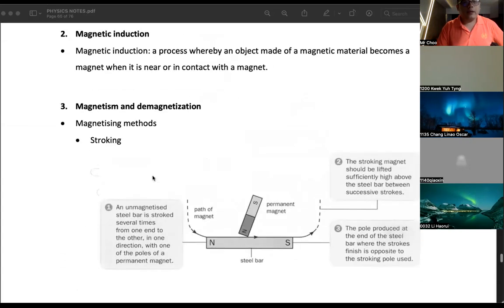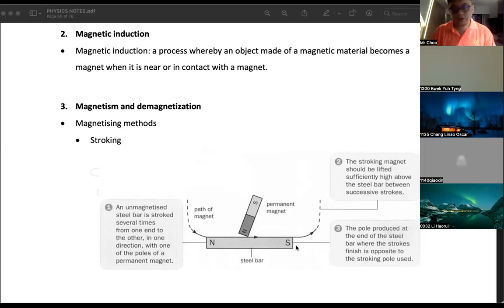First is the stroking method. The stroking method can use one magnet or two magnets. Regardless of how many magnets, how to remember? The way I remember is like this: the pole of the stroking magnet that leaves the material will produce the opposite pole in this material.